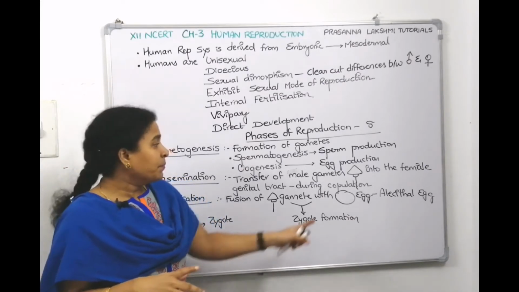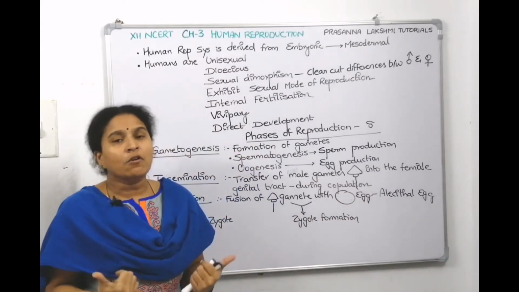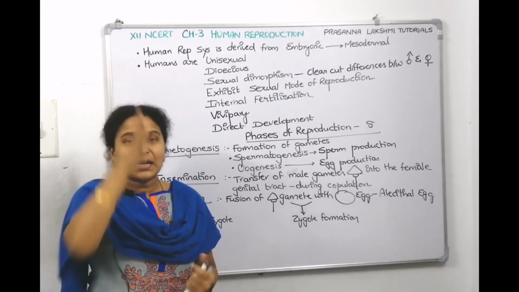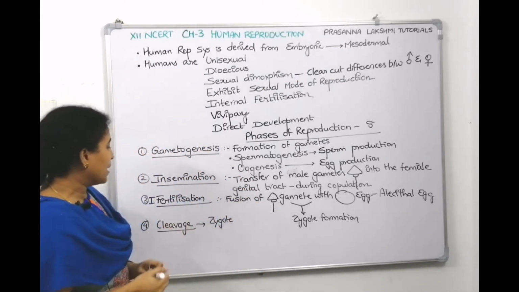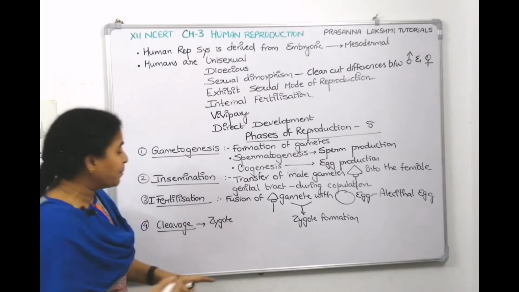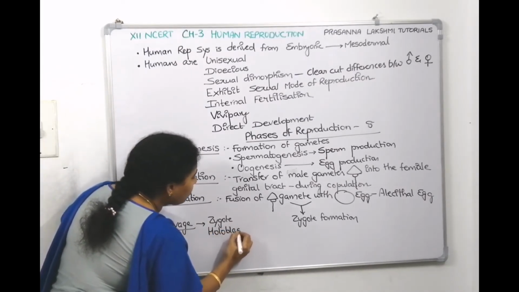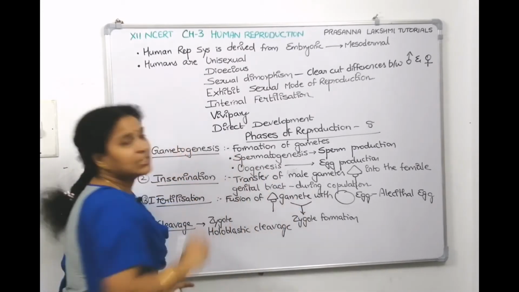But our egg, human egg, is alecithal, means yolk is not there. If yolk is not there, then from that end to this end cleavage can happen. It can nicely cut into 2 parts. Such a type of cleavage is called holoblastic cleavage. Human zygote undergoes holoblastic cleavage, complete cleavage.